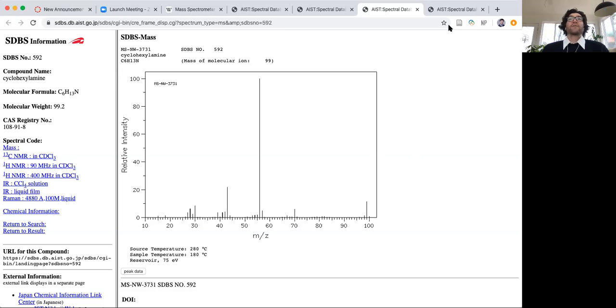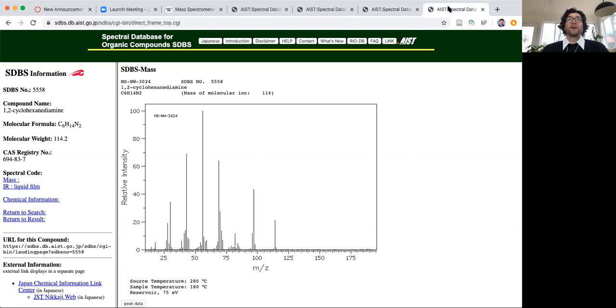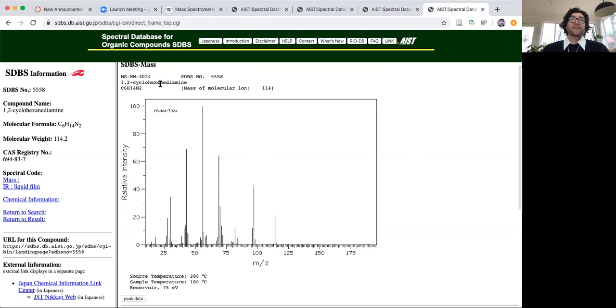But if you have two nitrogens in the molecule, such as this cyclohexane diamine, meaning that there are two amine groups, now we subtracted two hydrogens and added two NH2 functional groups, to give us a total formula of C6H14N2. From the 99 we had previously, we subtracted one hydrogen to give us 98 and added 16 mass units to give us 114, another even number.